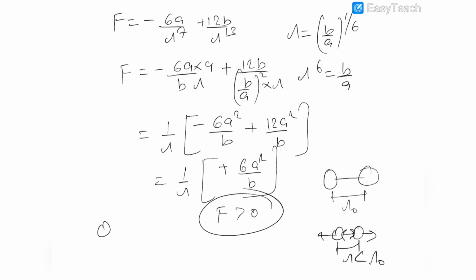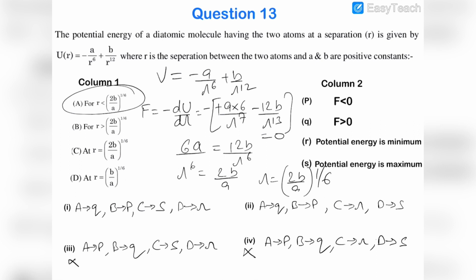And for a distance which is greater than R0, this force is attractive. So this clearly means that the potential energy is minimum at r equal to (2b by a) to the power 1 by 6. So the correct option for C is R. So the correct answer is second.